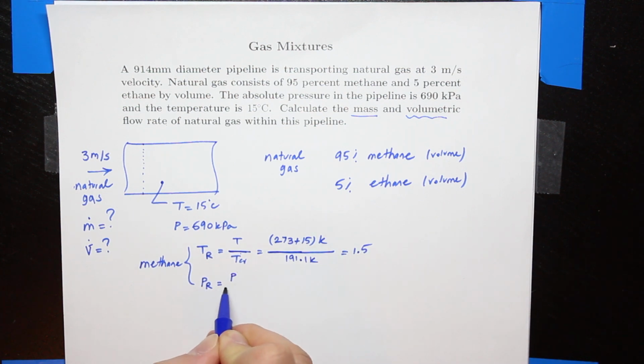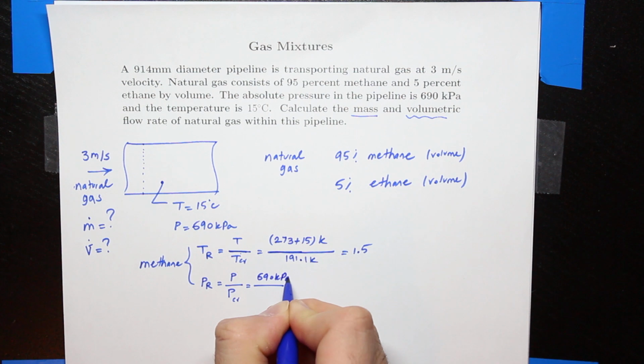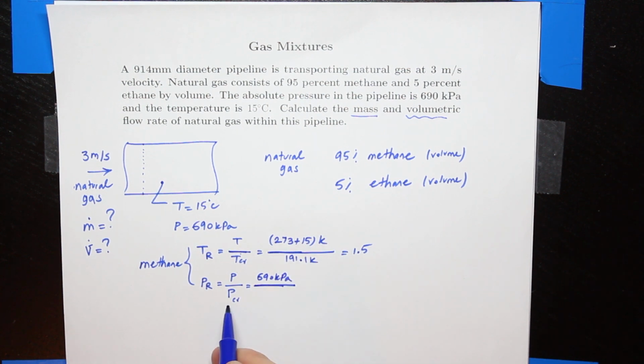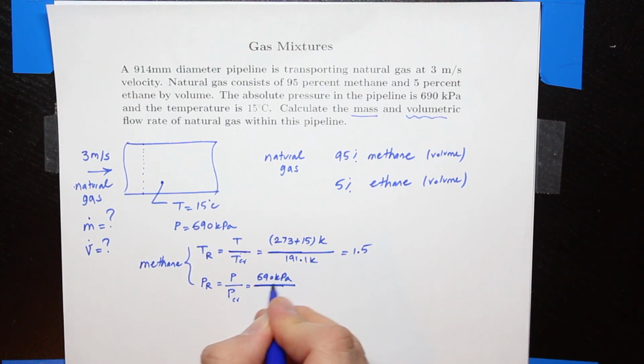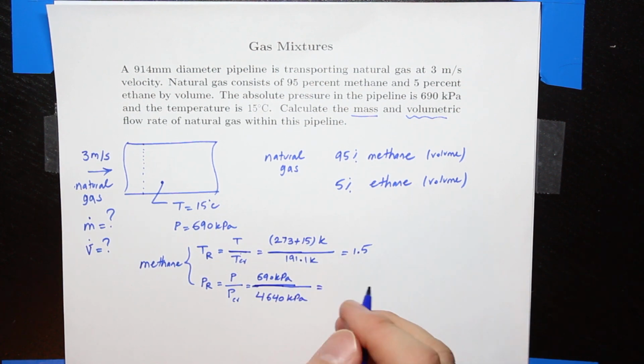I also calculate the reduced pressure, which is pressure divided by the critical pressure. The pressure is given at 690 kPa. In the same table, you're able to obtain the critical pressure. Just be careful with the unit given in that table. Table A1 is in megapascal, so if I have kPa here, I need to convert this critical pressure from the table.